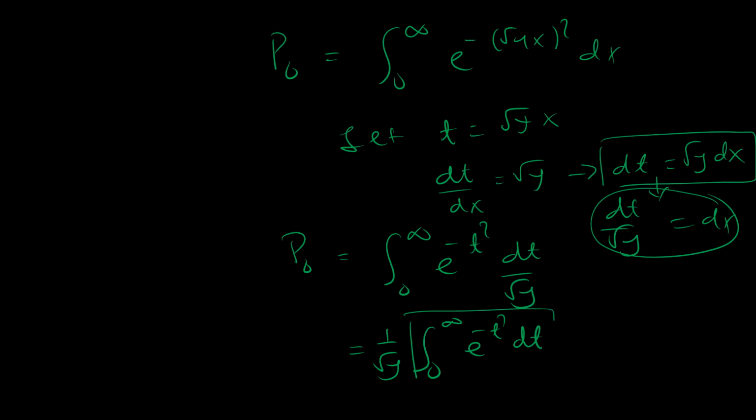Now this is a popular Gaussian integral. We know that the integral from 0 to infinity of e^(-x squared) dx is equal to root of pi over 2. So from here we can say this is the same as root of pi over 2 square root of y.